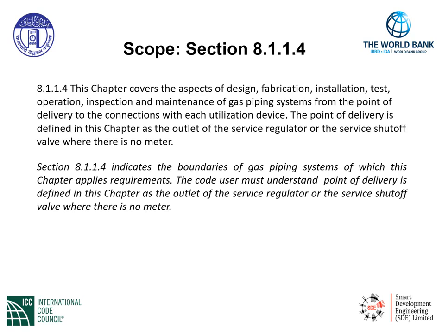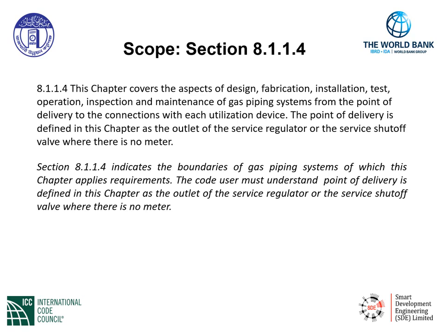The point of delivery is defined in this chapter as the outlet of the service regulator or the service shutoff valve where there is no meter. You can clearly see this here, the boundaries of the gas piping system of which this chapter applies requirements.